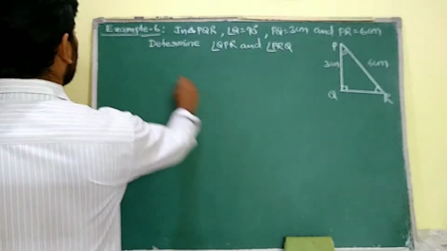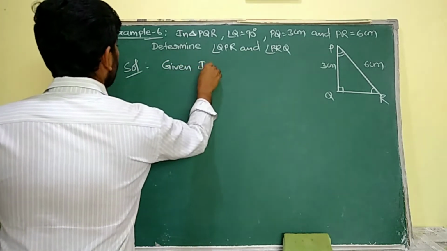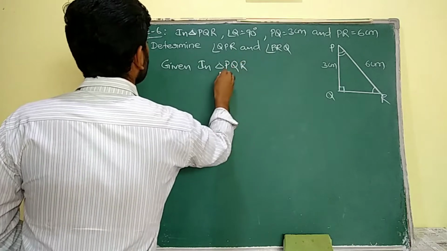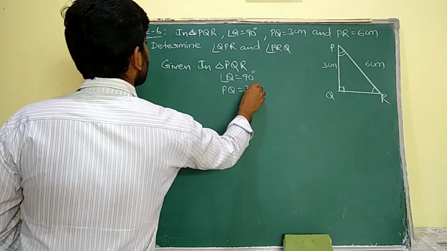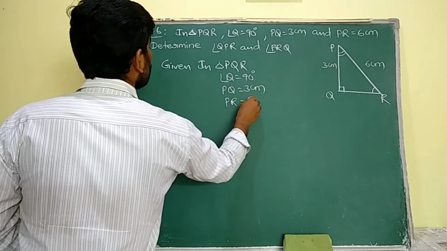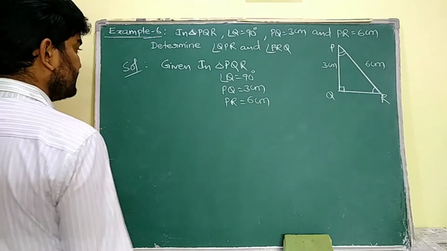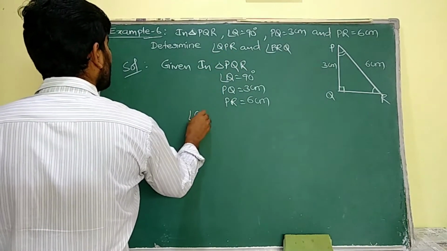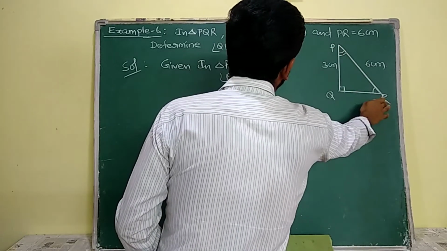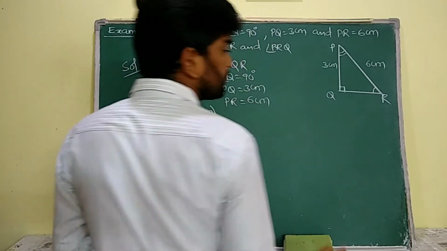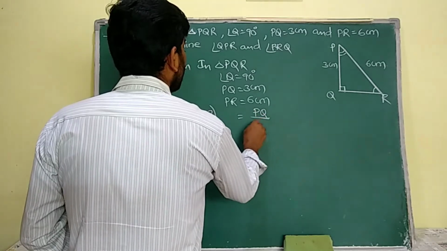Given in triangle PQR, angle Q is equal to 90 degrees, PQ is equal to 3 centimeters, PR is equal to 6 centimeters. If I want to calculate angle QPR, with this angle P, you may write PQ by PR or PR by PQ, whatever you want. I am going to write PQ by PR.